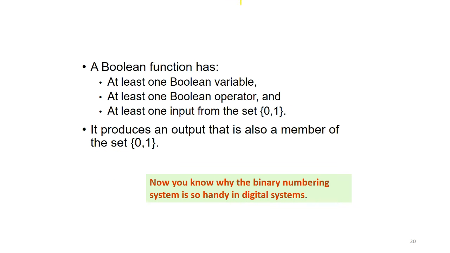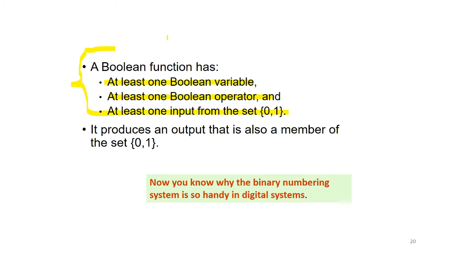Okay, now let's get into the next slide. A Boolean function has at least one Boolean variable, at least one Boolean operator, and at least one input from the set 0, 1. So these are some of the thumb rules.